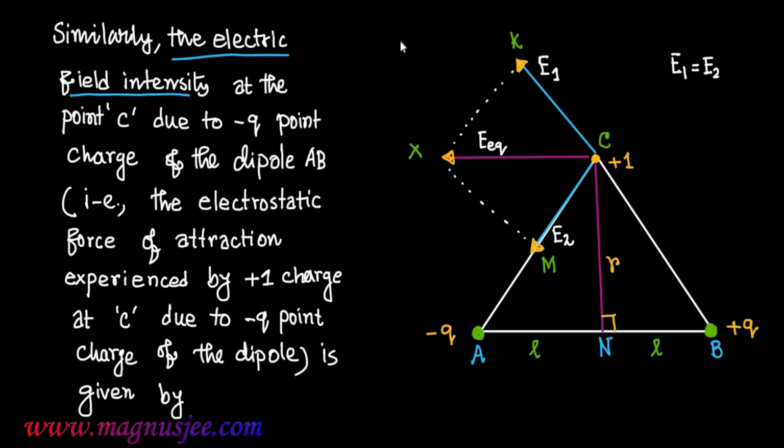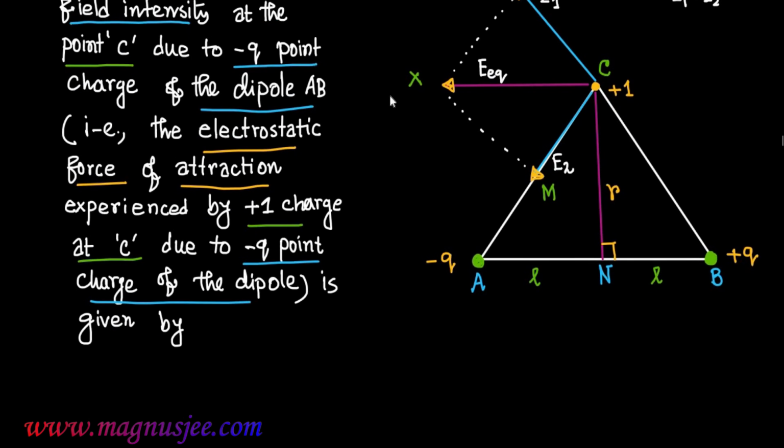Similarly, the electric field intensity at the point C due to the minus q point charge of the dipole AB, that is, the electrostatic force of attraction experienced by a plus 1 charge at the point C due to the minus q point charge of the dipole, is given by E2 equals 1 by 4 pi epsilon 0 q divided by CA whole square.